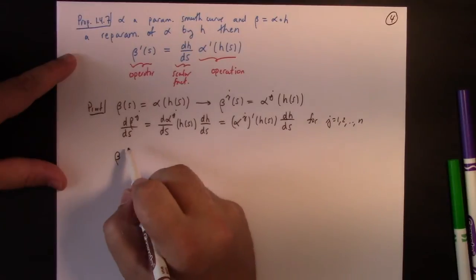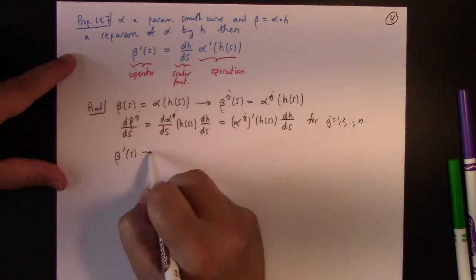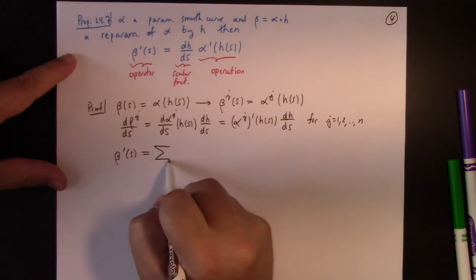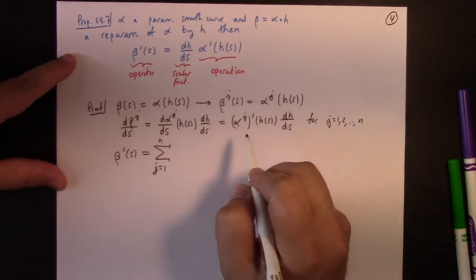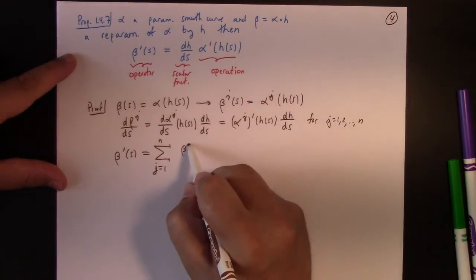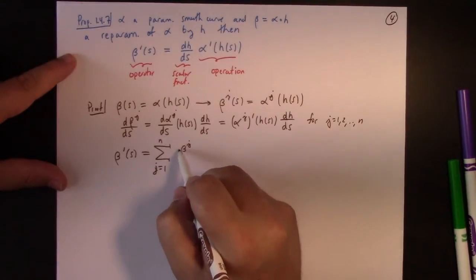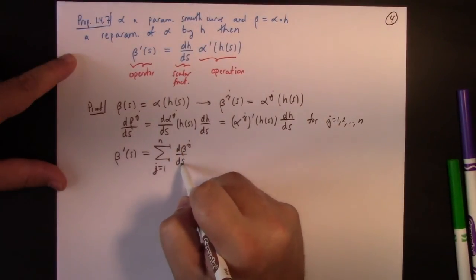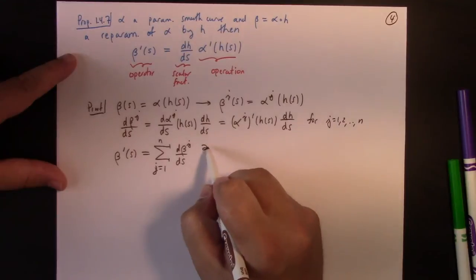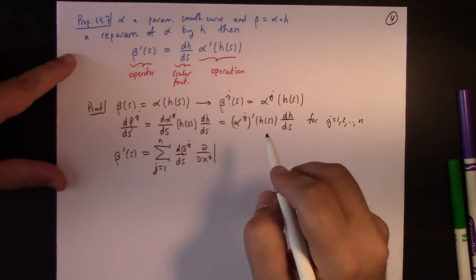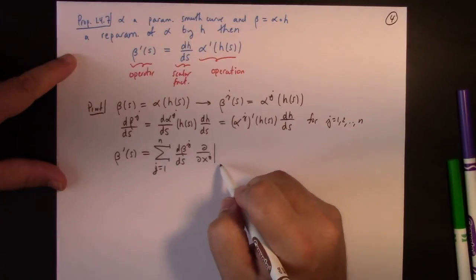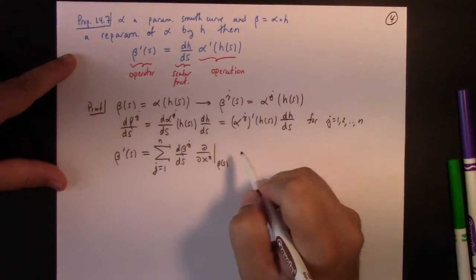Well, beta prime of s, remember, is the sum, j equals 1 to n, of d beta j ds times partial x sub j of beta of s.